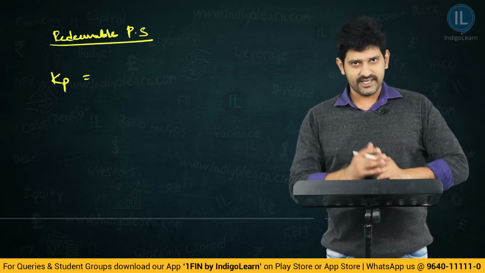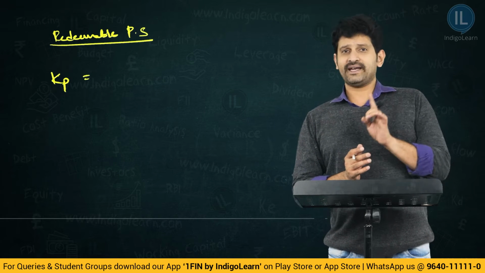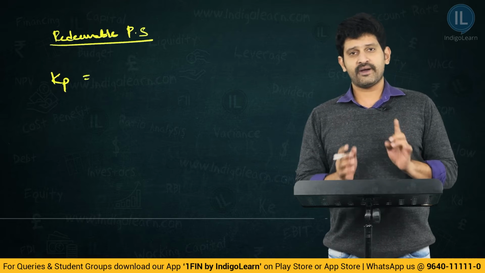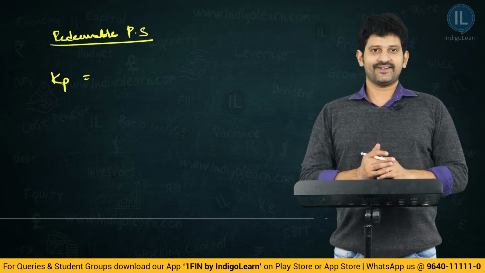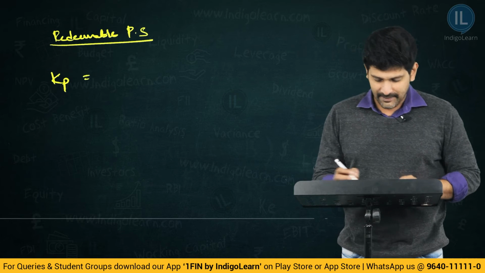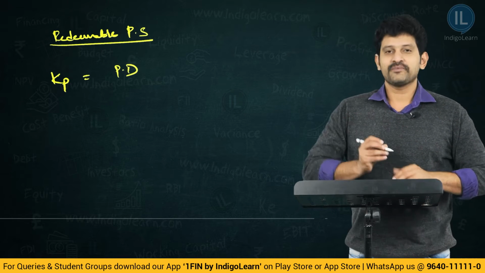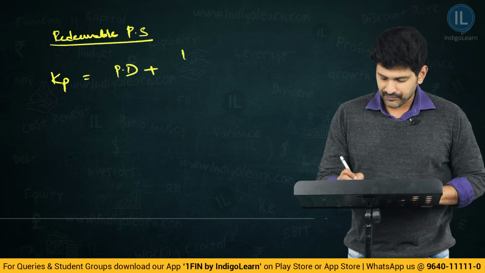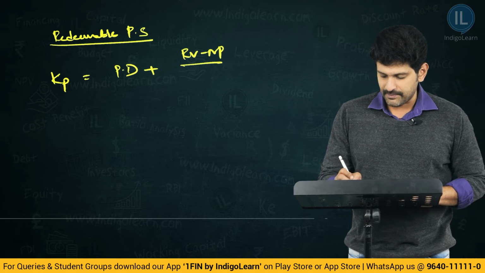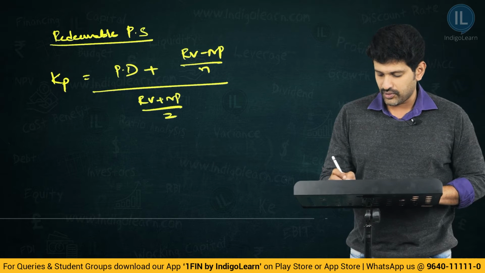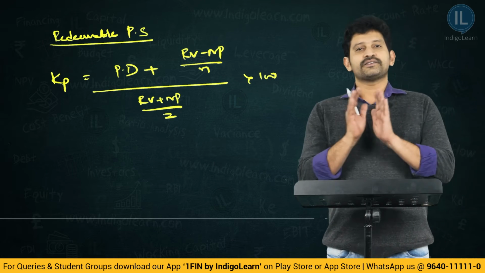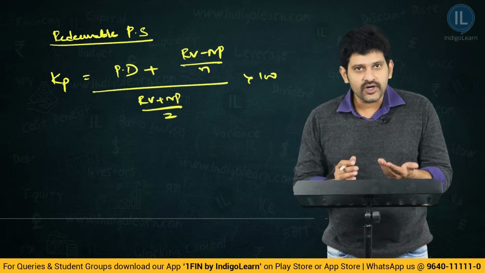We said interest into 1 minus tax plus RV minus NP by N whole divided by RV plus NP by 2. Absolutely the same. Only difference, what is that? Instead of interest, what happens? We will have preference dividend plus RV minus NP by N whole divided by RV plus NP by 2 into 100 is the same. Is there any change what we see here?